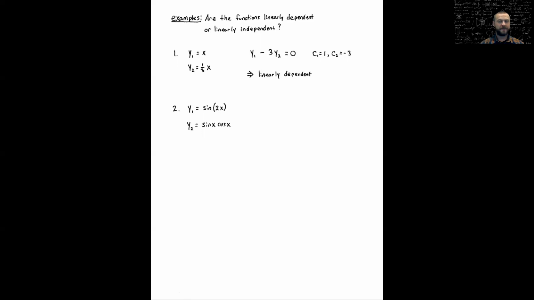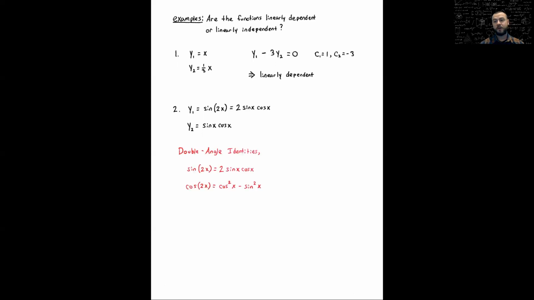All right, welcome back. Now, if you're having trouble finding two non-zero constants that work, well, let's point out the trick here. It's always good to keep in mind some basic trig identities. And the ones that make a difference here are the double angle identities, specifically the double angle identity for sine of 2x.